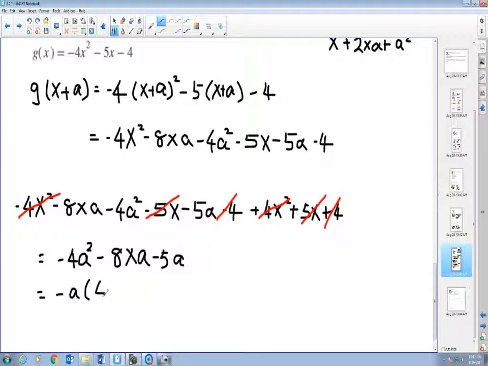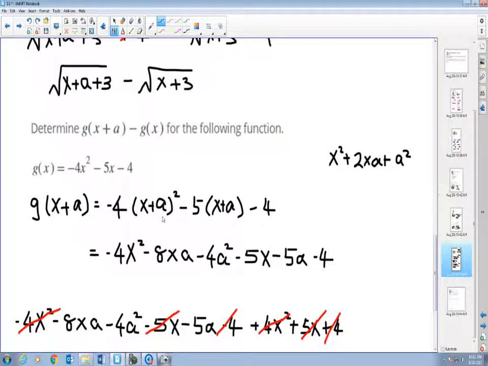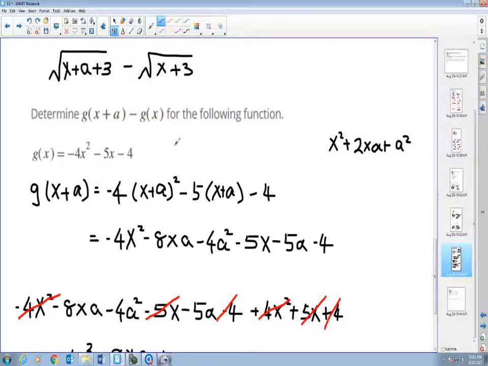So that gives me positive 4a plus 8x plus 5 if I just factor out a negative a. Or I can factor out a positive a and just have these signs negative. Okay. Now, one of the reasons why we couldn't do any factoring here, because inside this square root you've got a plus a there, so these two terms are actually different. Okay, there's no common factor between the two terms.